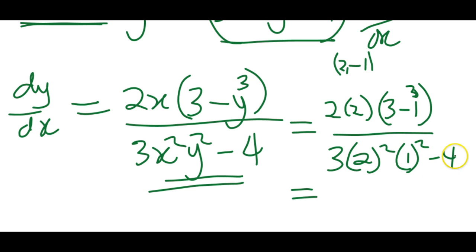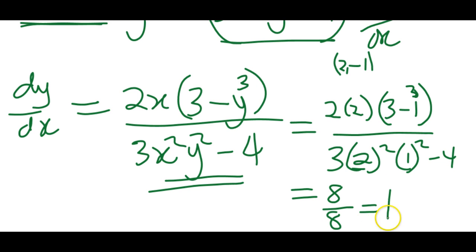So I will get 4 times 2, which is 8, divided by 4 times 3, which is 12, and 12 minus 4 is 8.